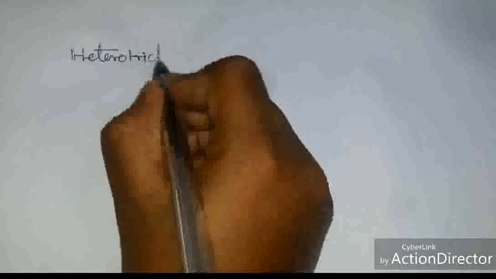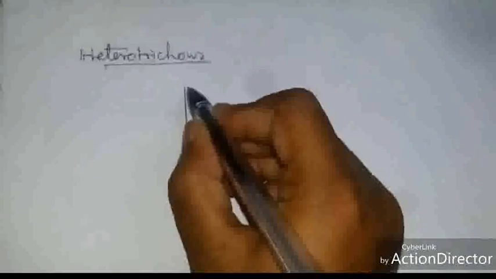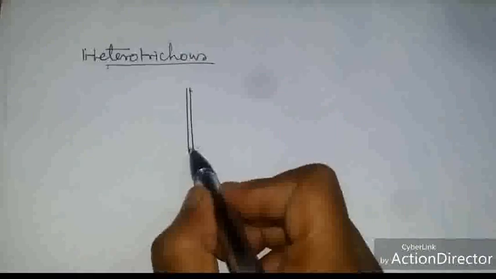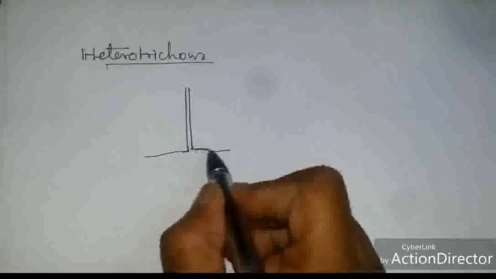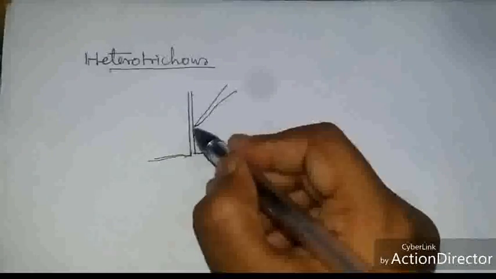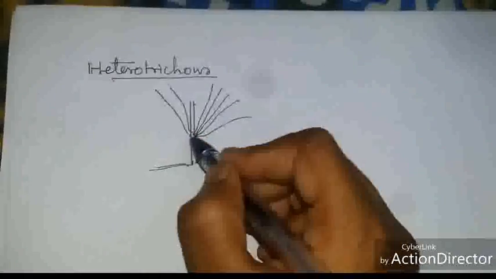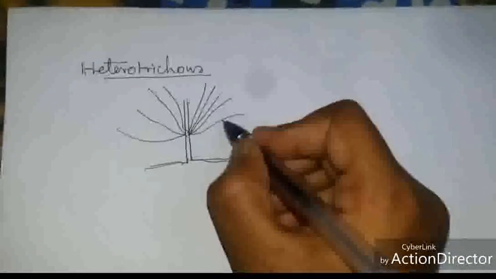In heterotrichous thallus, the plant body is made up of an erect part and a prostrate part, and from the erect part a number of lateral branches arise.